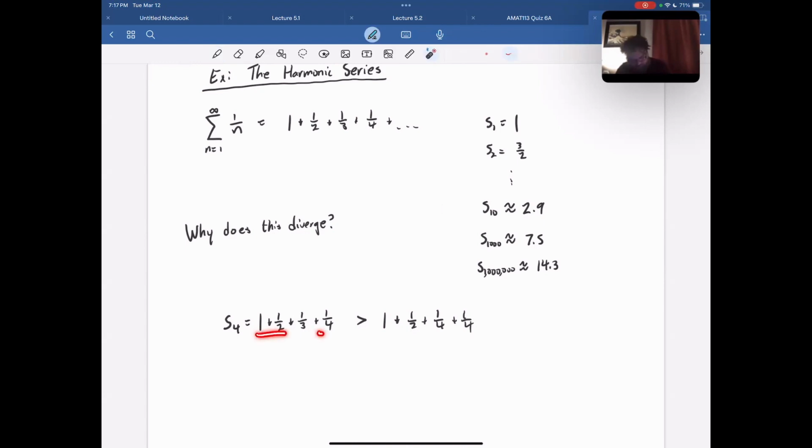Everything's the same, the only difference is that S4 has 1/3 here and it has 1/4 over here. And we know 1/3 is greater than 1/4. And so S4 is going to be greater than this whole thing, which we can rewrite as 1 plus 1/2 plus 1/2.